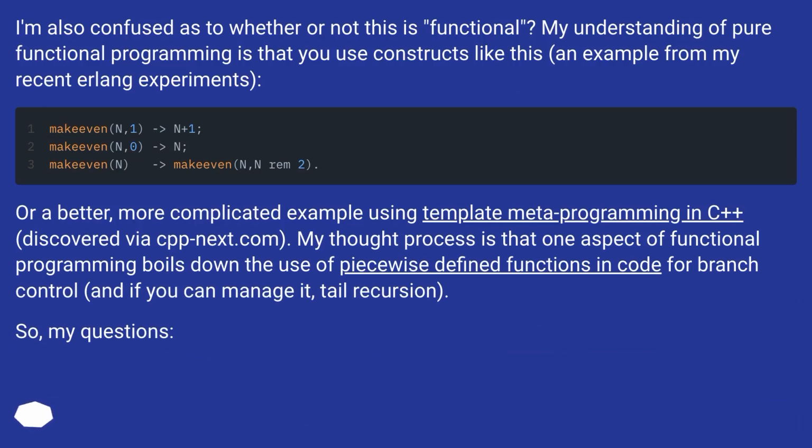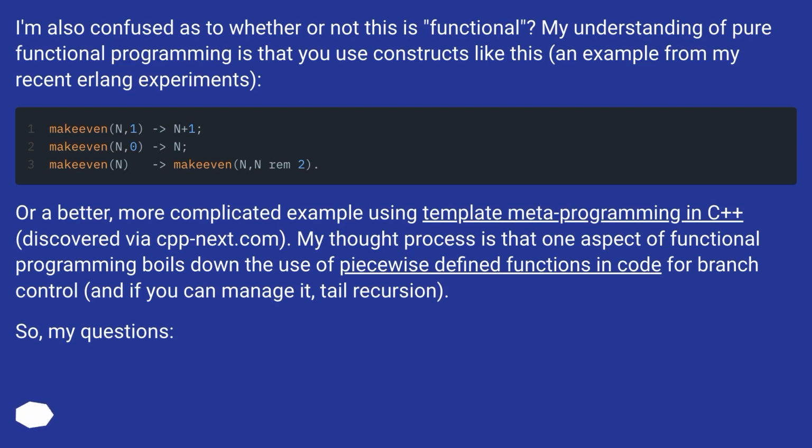My understanding of pure functional programming is that you use constructs like this, an example from my recent Erlang experiments. Or a better, more complicated example using template metaprogramming in C++, discovered via cppnext.com.